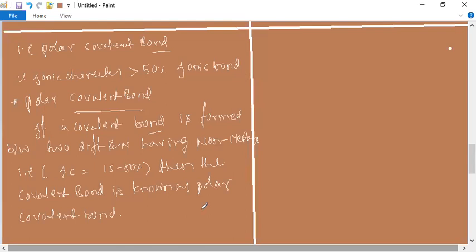Polar covalent bond: the electronegativity difference is there, but the percentage of ionic character is 15 to 50%.